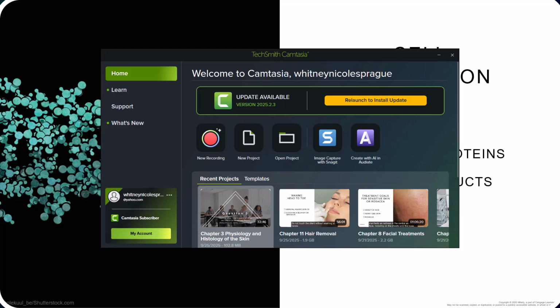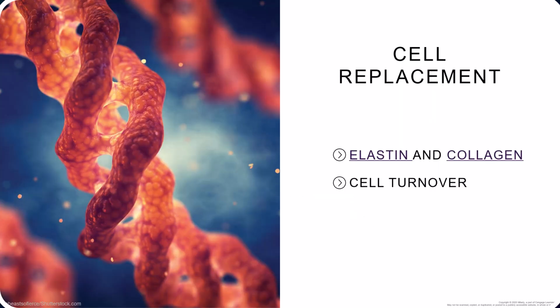And getting into a little bit more about ceramides. Ceramides are a group of waxy lipid molecules that are important to barrier function and water holding capacity. 50% of our lipids in the stratum corneum are ceramides. Our body replaces billions of cells daily.